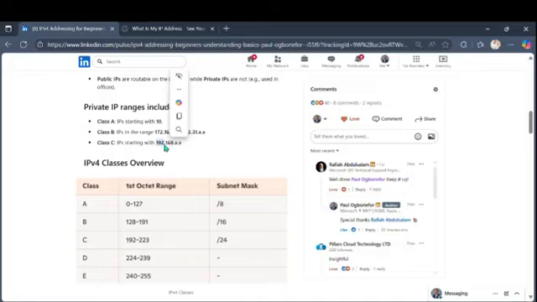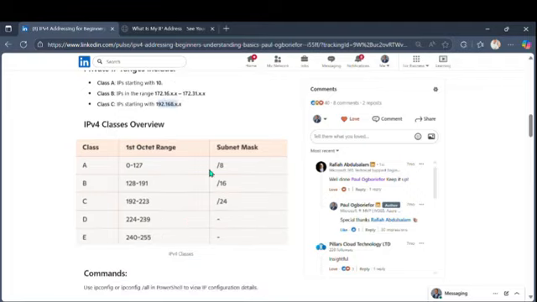Anywhere you see 192.168 means that this is a class C private IP address. The last octet can be anything; it only represents the host, while the first three will be part of the network.